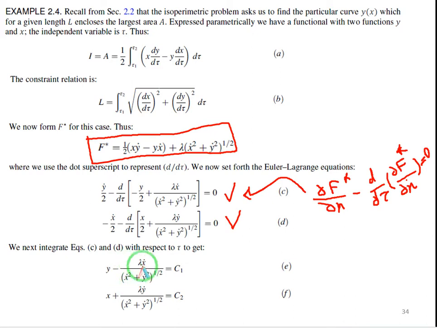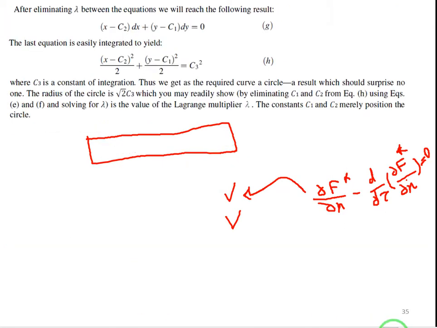If I calculate lambda from equation E, and calculate lambda from equation F, and set these two lambdas equal to each other, we can reach the following result: (x minus c2) dx plus (y minus c1) dy is 0.